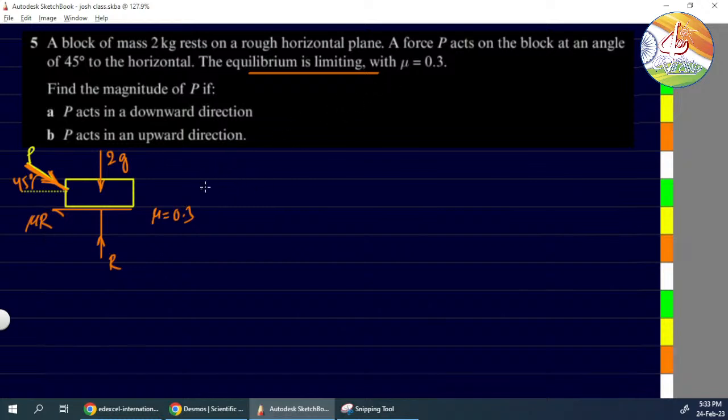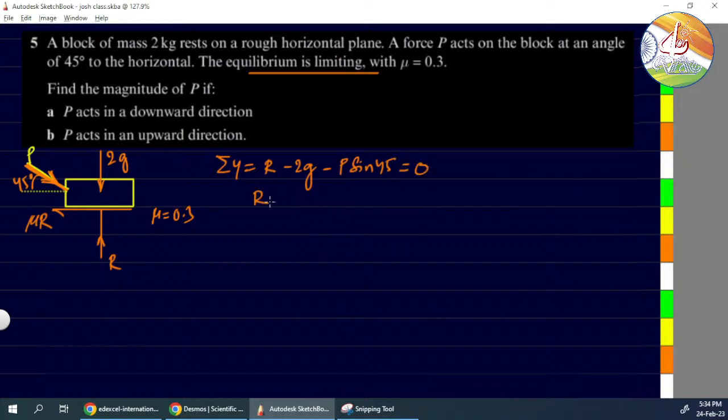Now again we have to go with the solution. So sigma x, sigma y, both are giving us equation in two variables, right? So we can start with any equation that we are comfortable with. So let's go with sigma y. R is upwards, minus 2g is downwards, minus P sine 45, correct? Downwards.